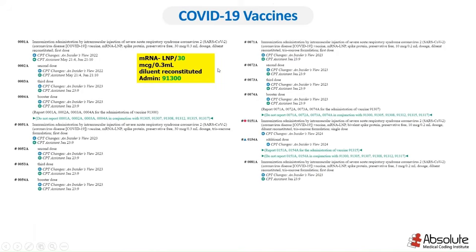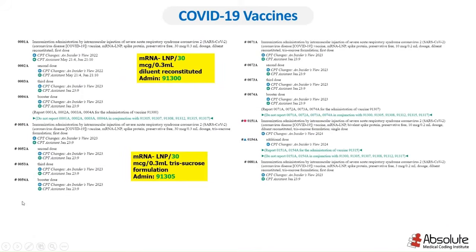And while using this family, we have to use the administration code 91300. So 0001A is coding for the first dose of mRNA LNP, 30 mcg per 0.3 ml diluent reconstituted, and 0002A is coding for the second dose. We also have a third dose and the booster dose as well.